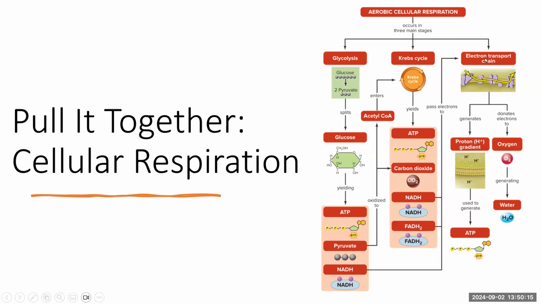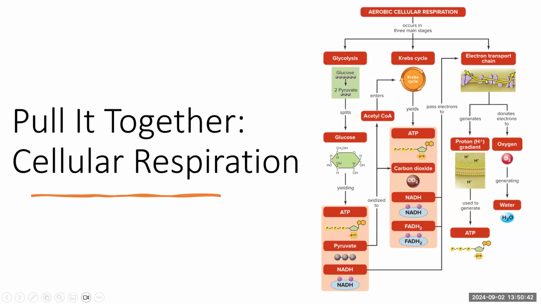Now remember, the electron transport chain is going to be going through twice at least, because the Krebs cycle goes through twice because of the pyruvate. At the end of the electron transport chain, from hydrogen coming off the NADH and the FADH2, we generate a proton gradient, which eventually comes back across and is used to generate new ATP.